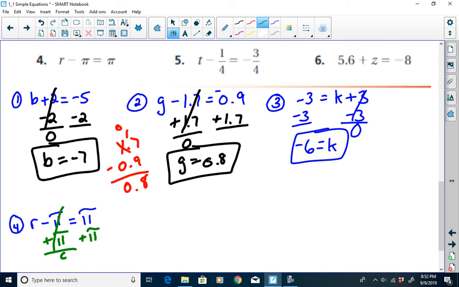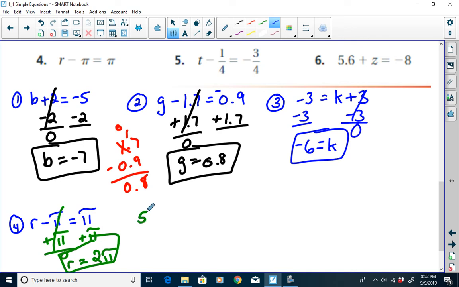All right, they're opposites, that's going to be 0. So we're left with R on the left side of the equation. And on the right side of the equation, we have 1 pi plus 1 pi. It's going to be 2 times pi. See if that answer makes sense. If you replace the variable R with 2 times pi, is 2 pi take away 1 pi equal to pi? And the answer to that would be yes.